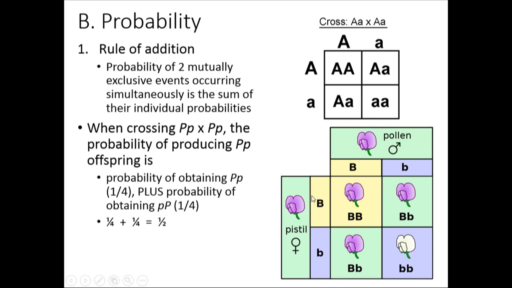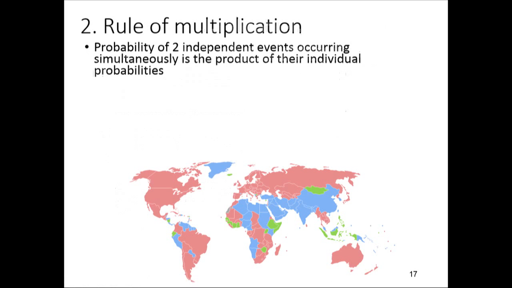So a big P and a little p, or here we have A's and B's, but the same concept. 1 out of 4 would be big B, little b, and 1 out of 4 would be little b, big B. Add those together, 1/4 plus 1/4 is 1/2. So the probability of getting a heterozygote would be 50%.